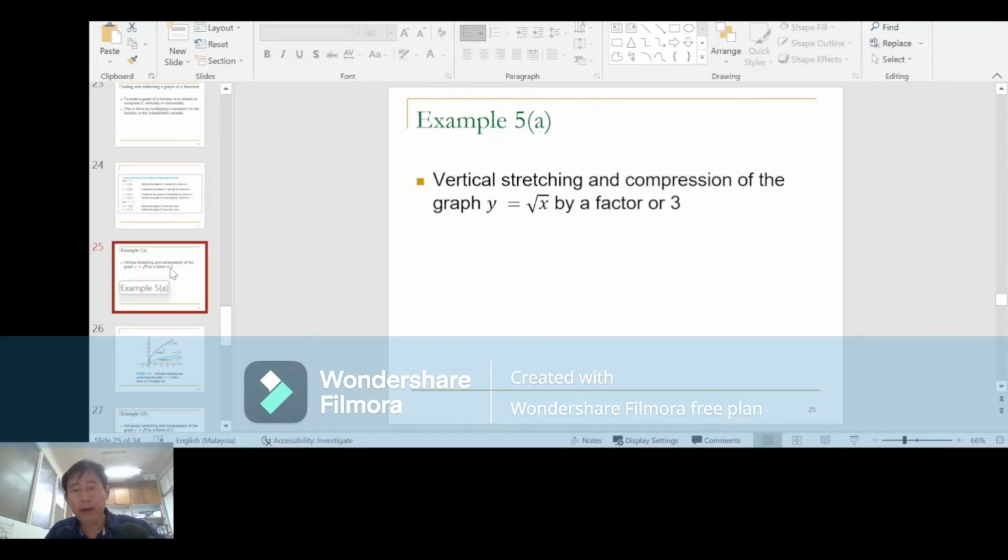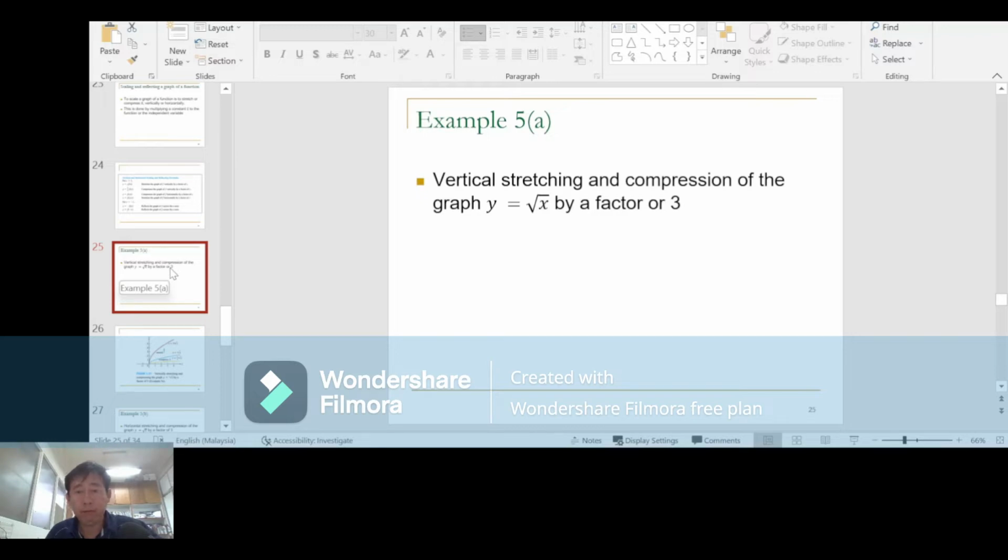So when you compress or stretch a graph, you have to specify the factor to compress or to stretch. And the factor has to be a number which is equal to or larger than 1. If the compressing or stretching factor is equal to 1, that amounts to no stretching or compressing.